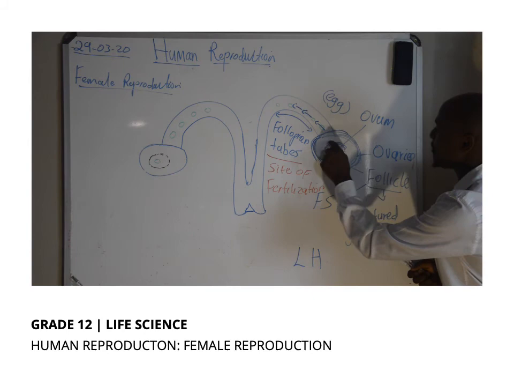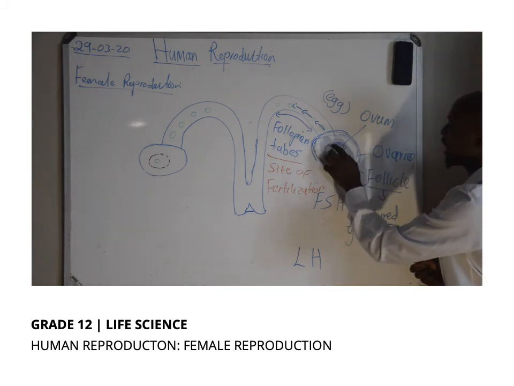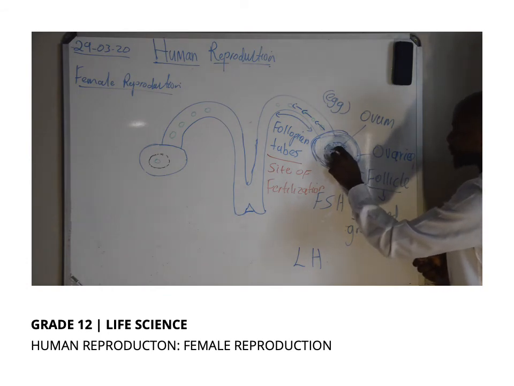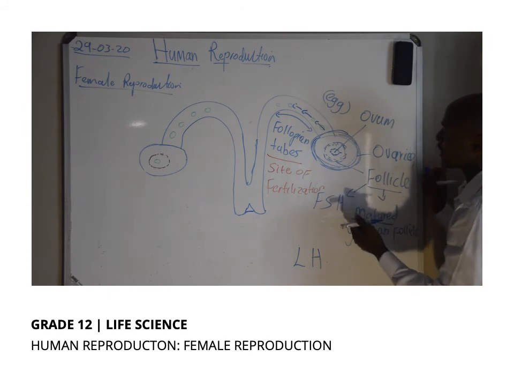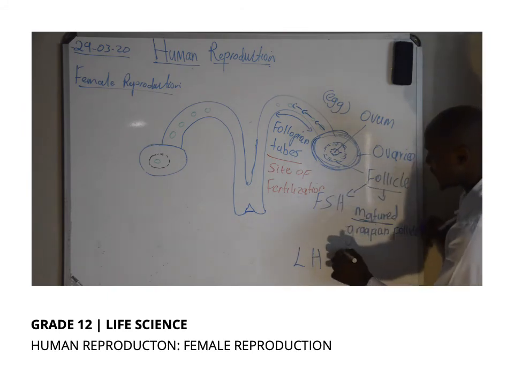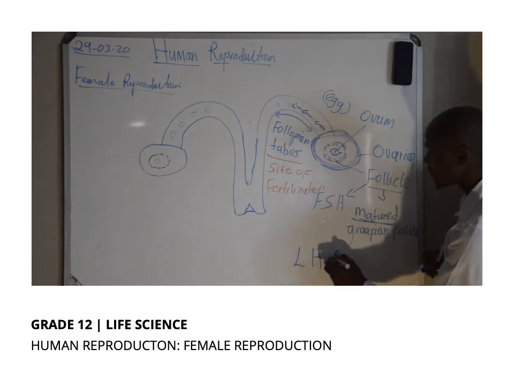So now, remember we have a Graafian follicle. Then when that Graafian follicle has matured, it opens up. The ovum comes out. The Graafian follicle bursts. So luteinizing hormone is responsible for what?